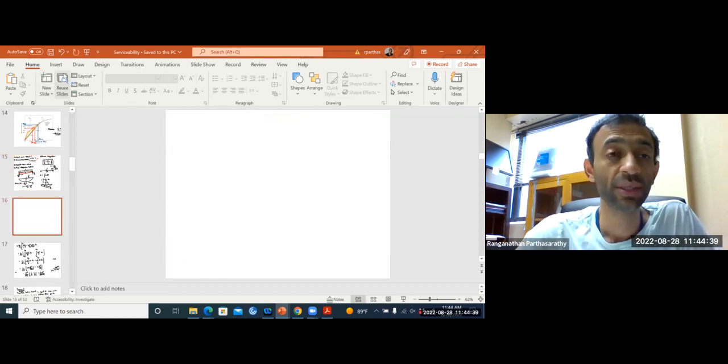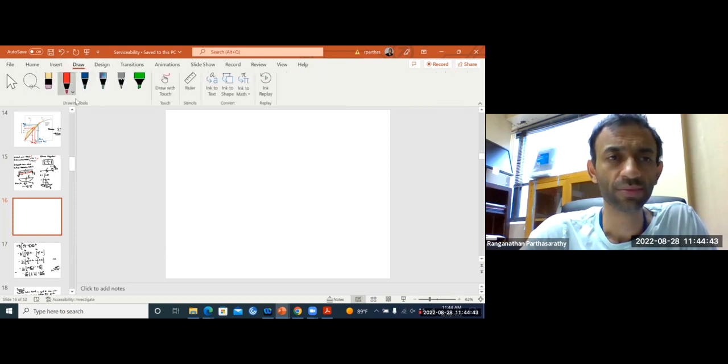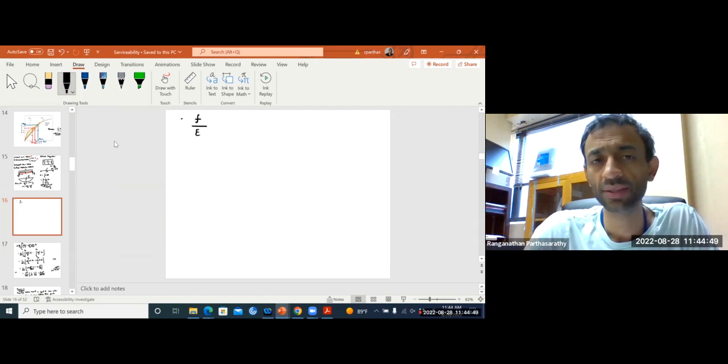So let's first see direct integration. This is only for how to get that formula, F by EI. This is your deflection calculation, right? And F is 5 by 384 as an example, WL power 4.